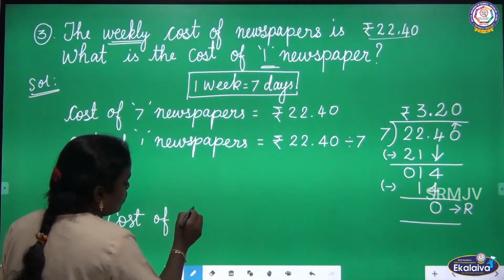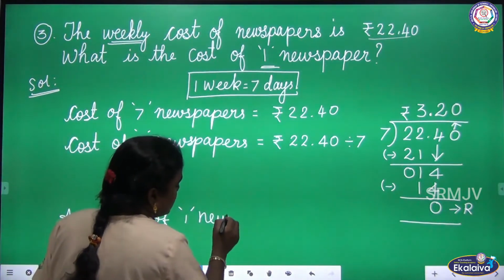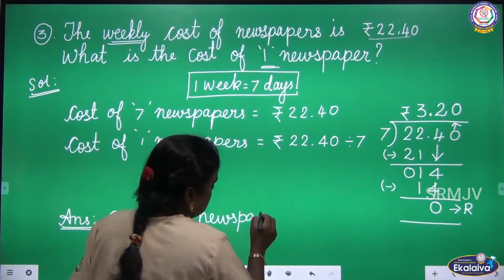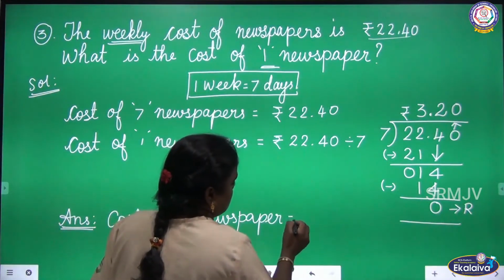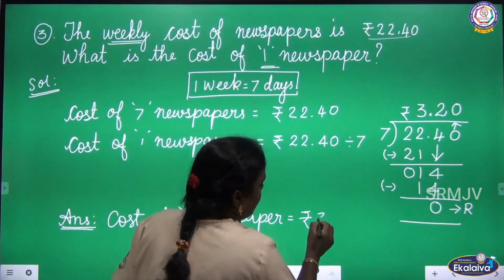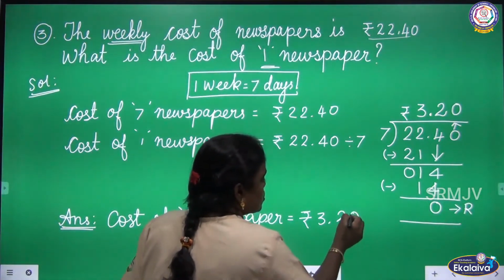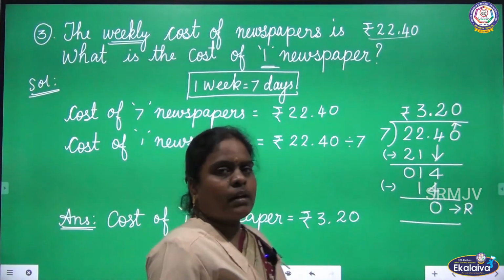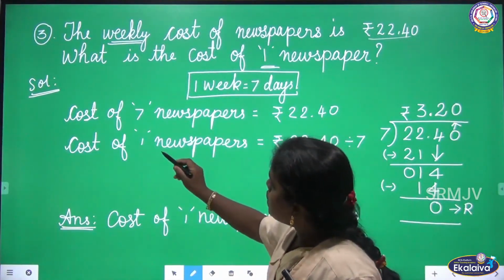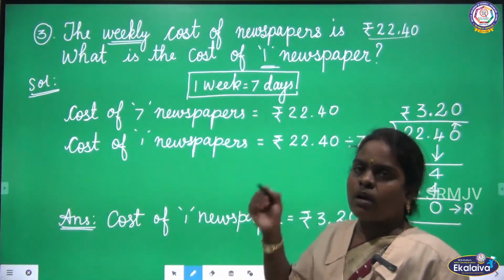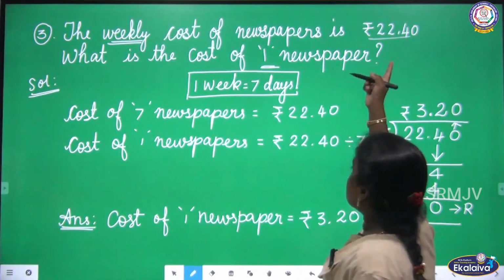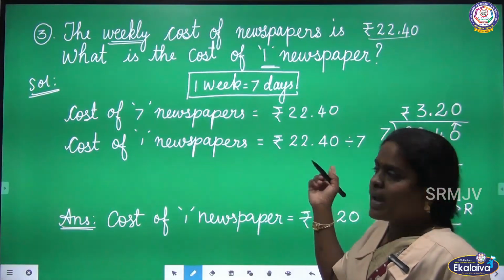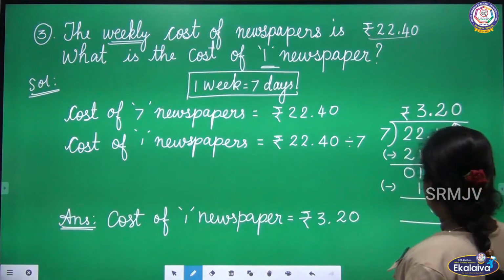Cost of one newspaper equals 3 rupees and 20 paise. So here the cost of 7 newspapers is given, and we got the cost of one newspaper by dividing the amount 22 rupees 40 paise by 7.